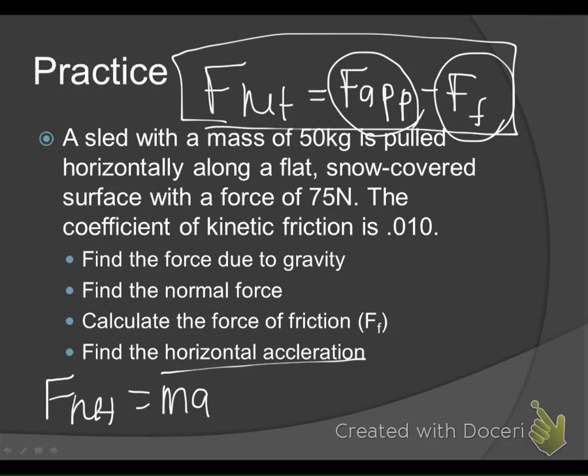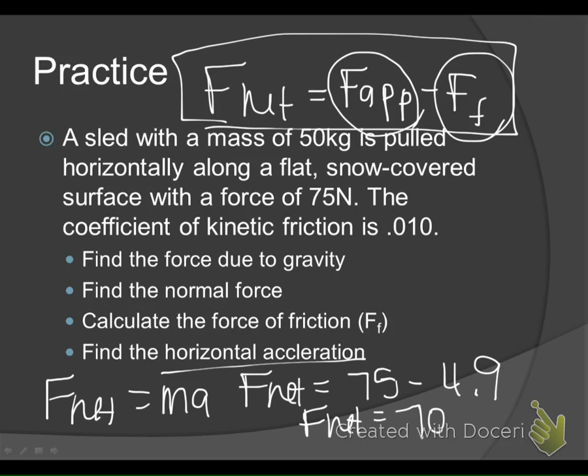Okay, so those numbers are what? F net equals 75 minus our frictional force, which was 4.9. That means our net force equals what? 70.1. Okay, is this the acceleration? No. So I'm going to move this up here. 70.1 is our net force.